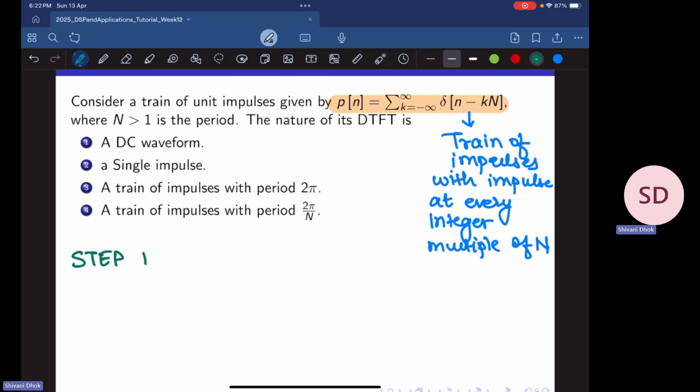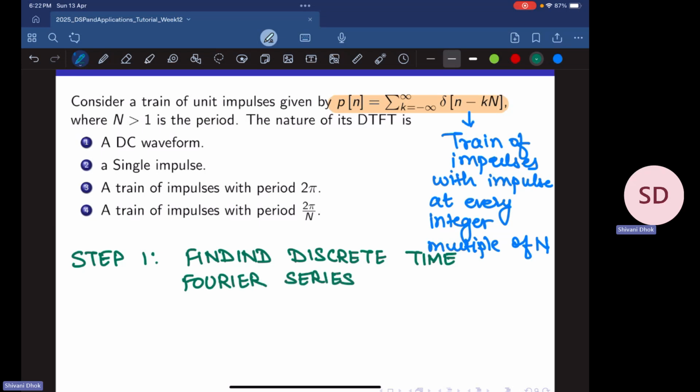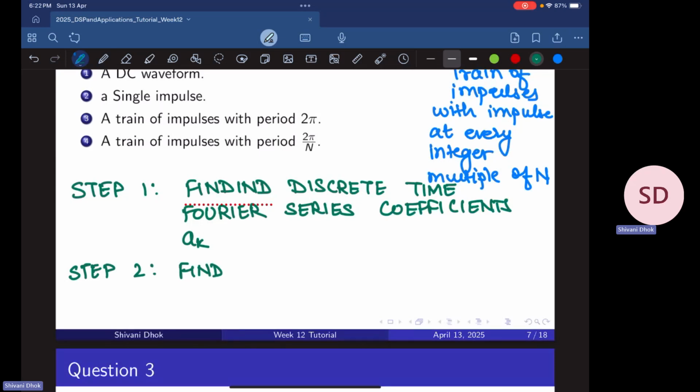So here step 1 will be finding the discrete time Fourier series coefficients, that is the a_k's, and step 2 is to find the DTFT using, let's say, P of omega.